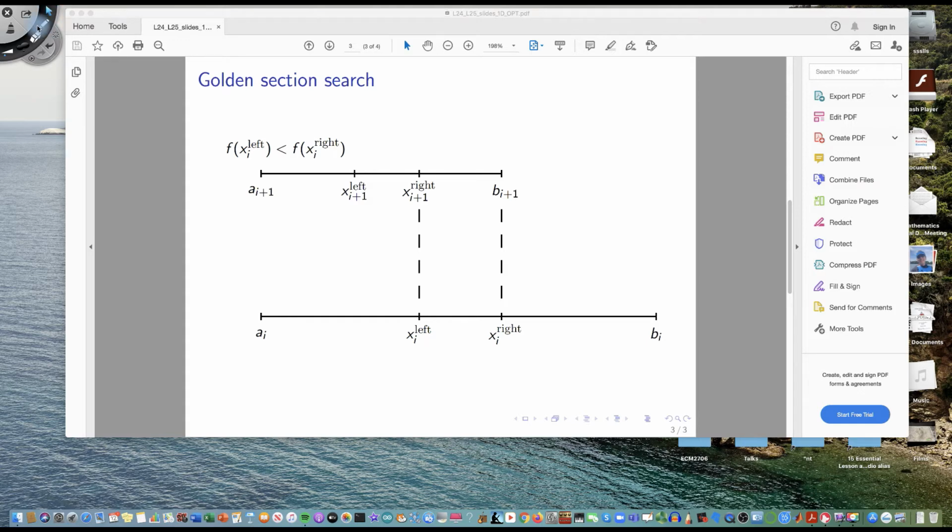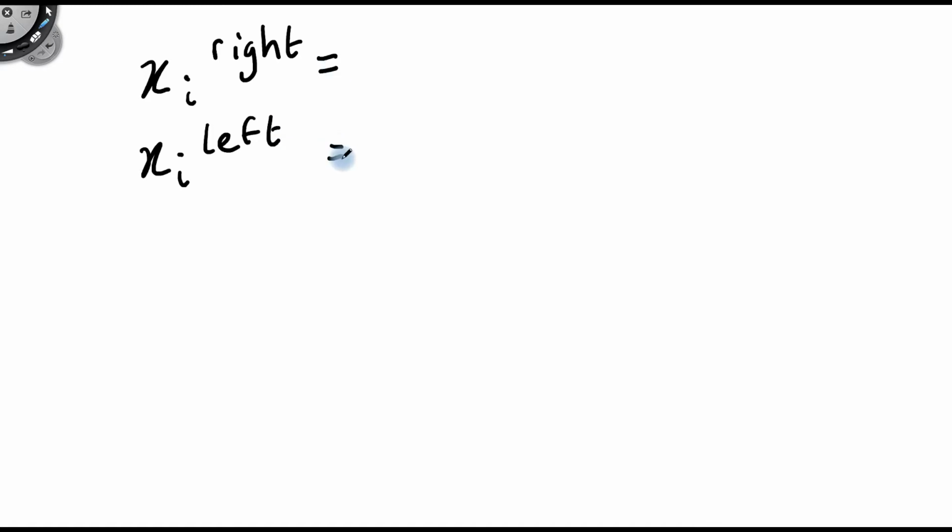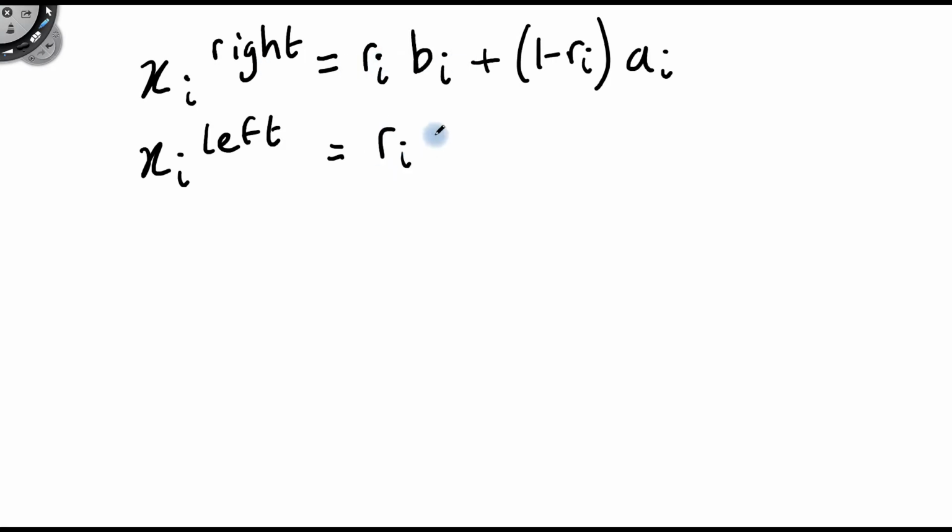So really the derivation is all about the setting up of things, and then once you've got the setting up, it's very straightforward, I think. So let's remind ourselves, we have xi right and xi left, and one way of thinking of these is as a linear combination or linear weighting of your endpoints bi and ai. So xi right is ri bi plus 1 minus ri ai. One way to remember this: when r is 1, then xi right is the right hand point, and xi left is the other way around.